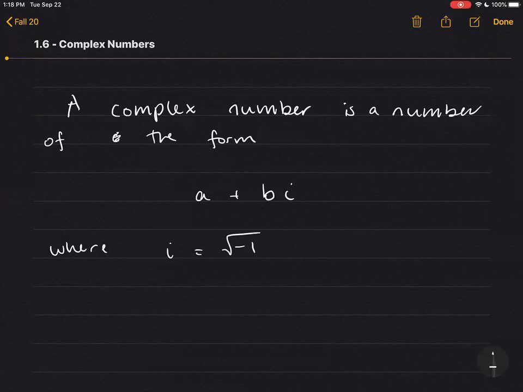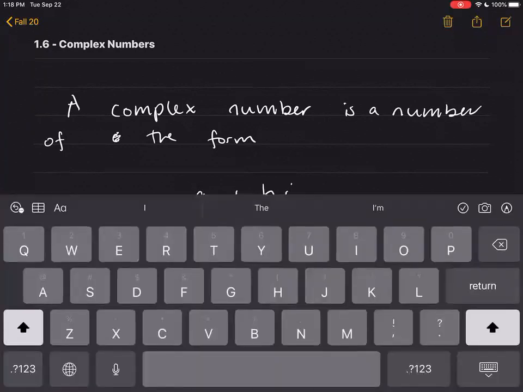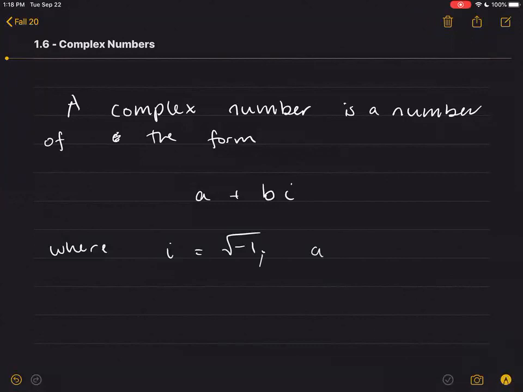All right? Oh, and a and b are real numbers.